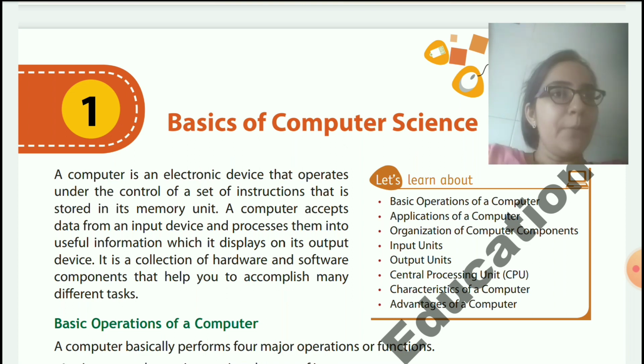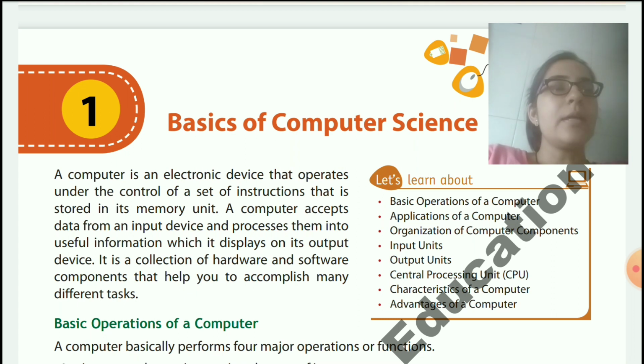Now, a computer works on an IPO cycle, that is input, processing and output. The user gives their input, whatever he wants from the PC, by writing it on the keyboard or searching with the mouse. Those are called the input devices.